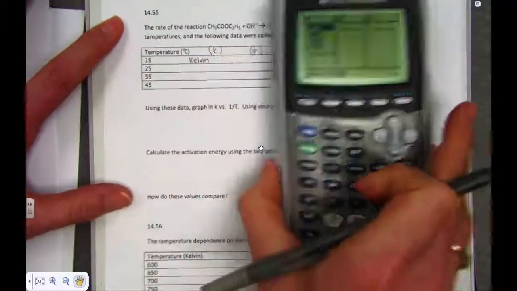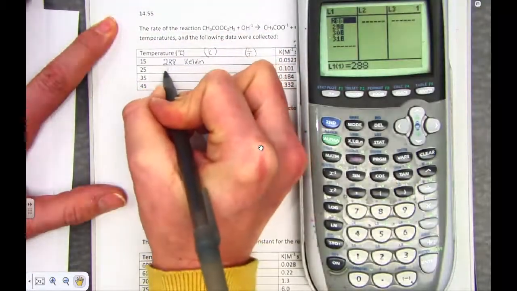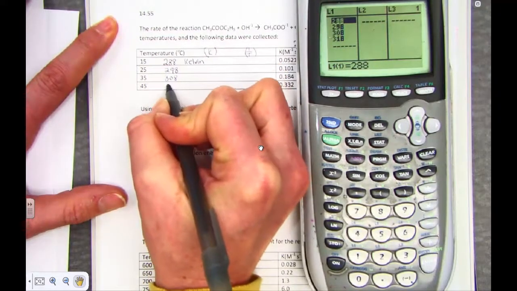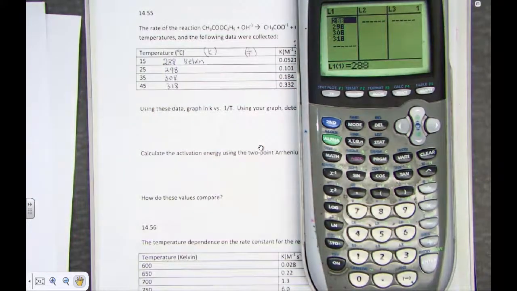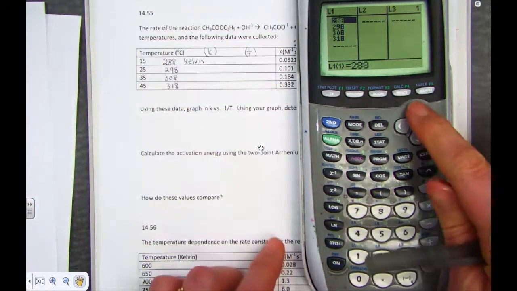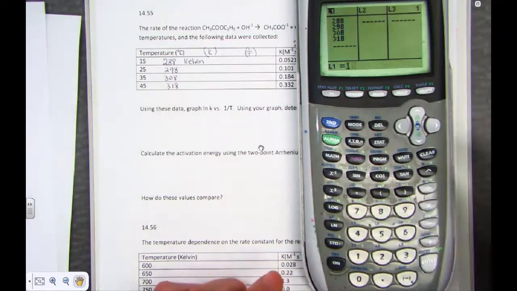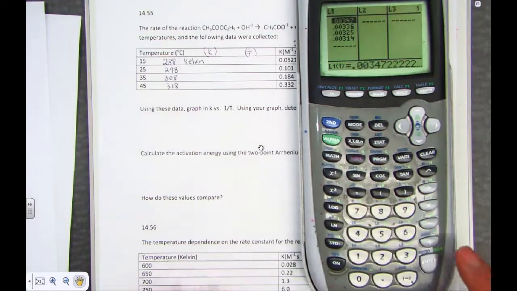So just to jot that down so we can see what I've done, 15 is really 288 Kelvin, 298 Kelvin, 308 Kelvin, and 318 Kelvin. But in order to graph, we need the reciprocals. So now I'll put my cursor back up on L2 and go list 1, 1 divided by list 1 to turn those into reciprocal values.